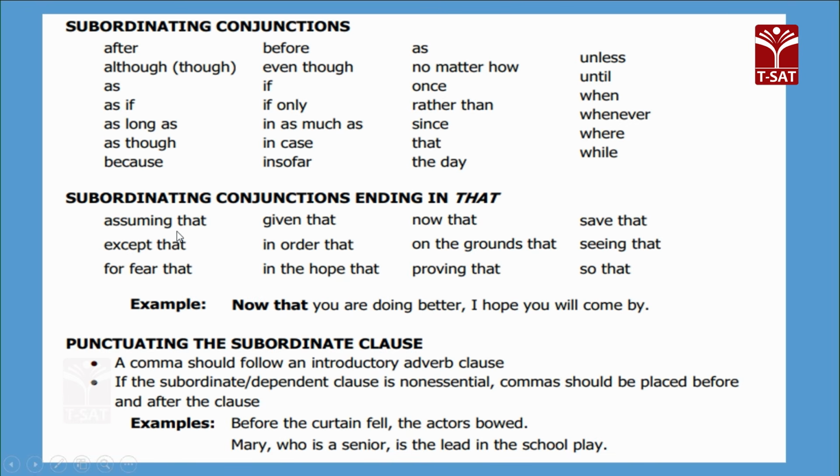There are certain subordinating conjunctions ending in that: assuming that, except that, for fear that, given that, in order that, in the hope that, now that, on the grounds that, providing that, save that, seeing that, so that.